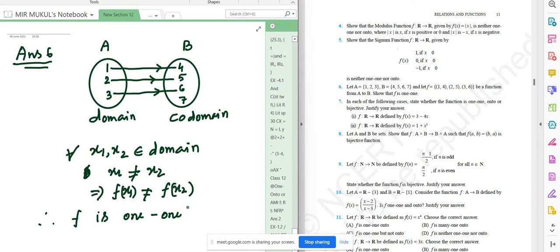So range and codomain are not equal. One element, 7, is free here. But if in the question they ask to check onto also, then you will say since range not equals to codomain, it is not onto.